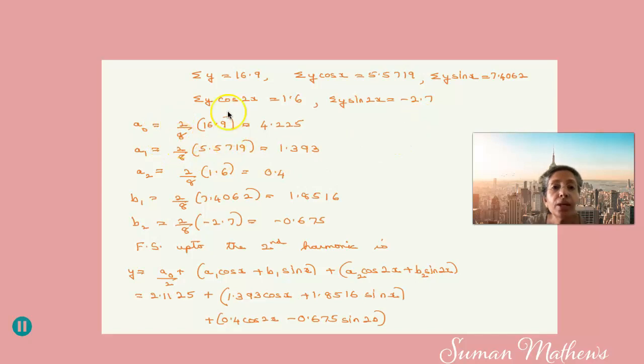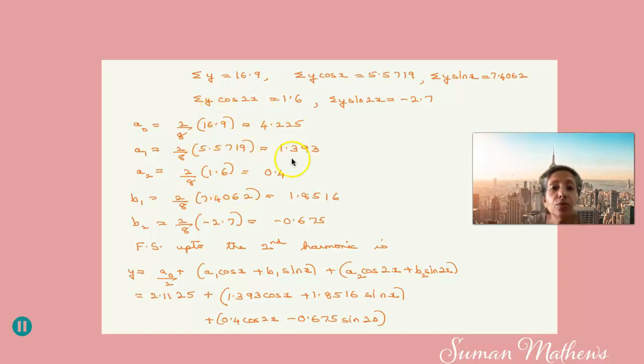So a0 is 2 by 8 summation y, that is 2 by 8 into 16.9, which is 4.225. a1 is 2 by 8 summation y cos x, that is 2 by 8 into 5.5719, that is 1.393. a2 is 2 by n summation y cos 2x.